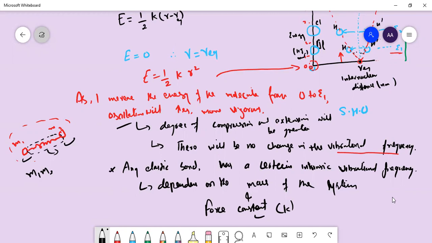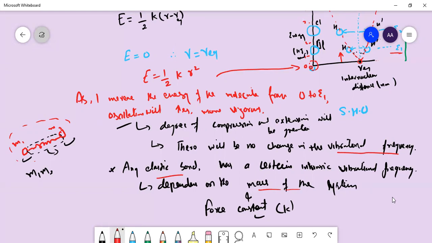So the intrinsic vibrational frequency of any kind of elastic bond depends on two factors. One is the mass of the system, that is, the total mass of the atoms in that molecule.